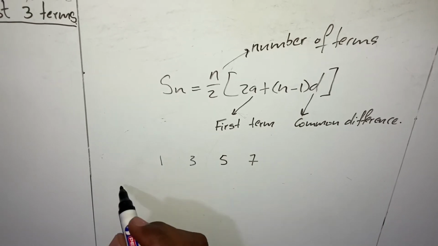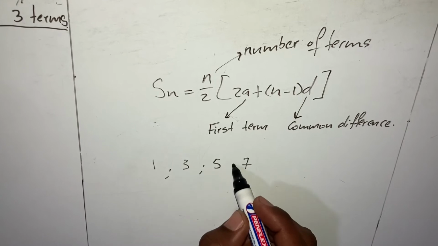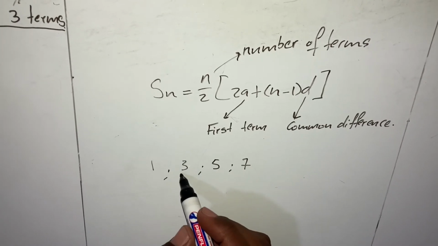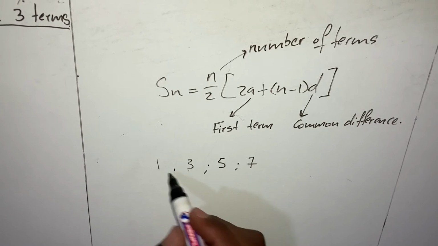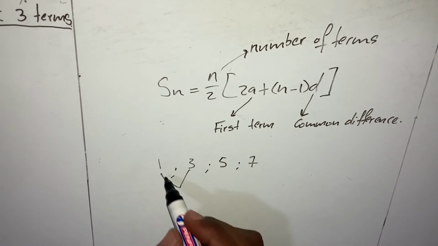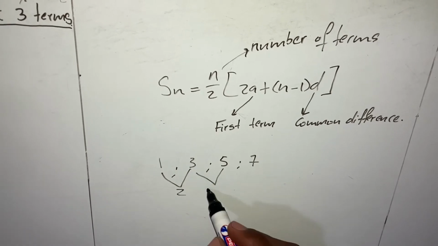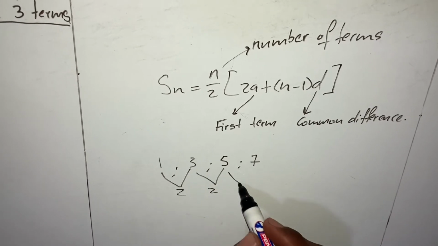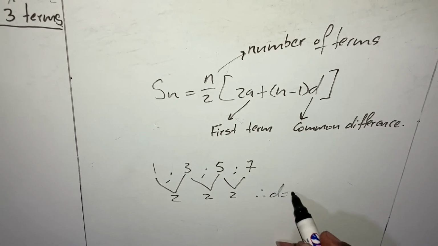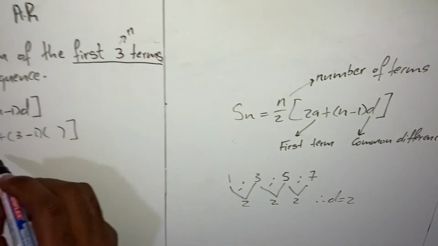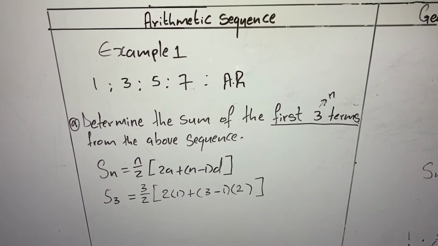So using the formula, or just doing it manually, you can subtract: 3 minus 1, you get 2, 5 minus 3, you get 2, 7 minus 5, you get 2. Therefore, we conclude our d is 2.